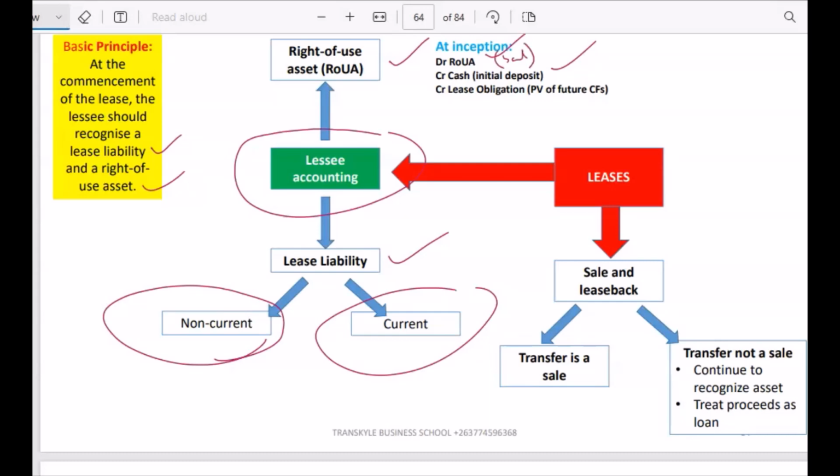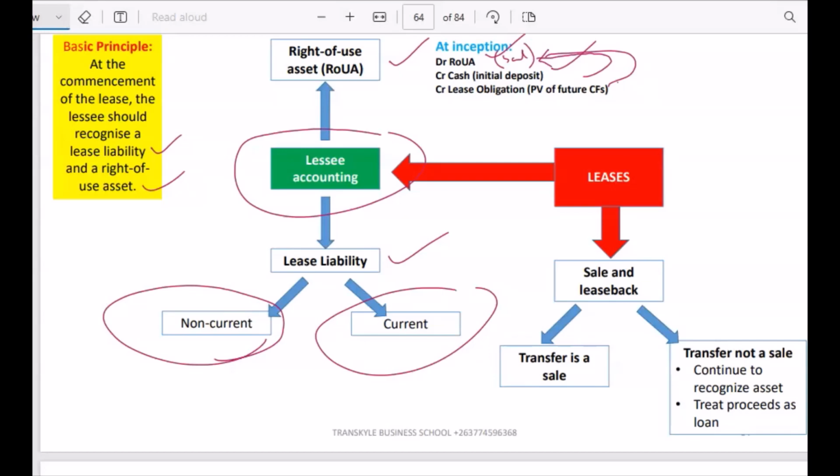Okay, you need first to determine the present value of the future cash flows, and then you also have to add any cash deposit that has been made to arrive at this figure. So the two items have to be identified because they feed into what is called the right of use asset.